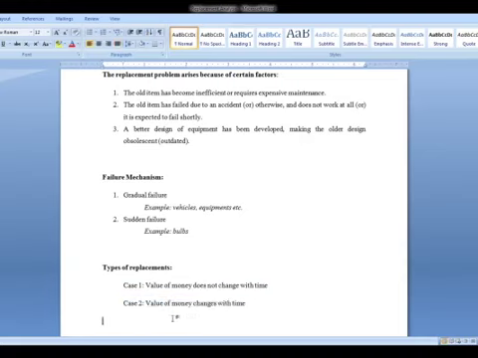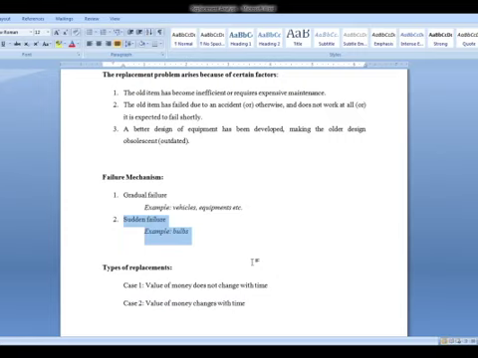So we'll see each one of them later. First we will see when the value of money does not change with time. Today we'll see that, and in the next videos we'll be solving for value of money changing with time. These are all gradual failures, and later on we'll see how to solve the problems if there are sudden failures.